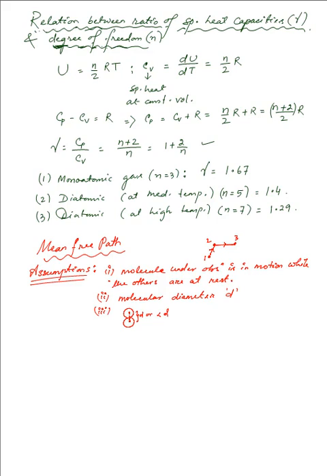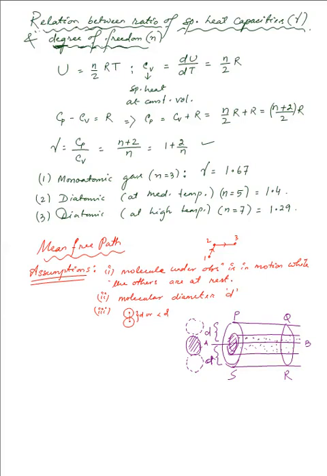That we can afford, because this is an elastic collision that we are considering in kinetic theory. So it should be d, or a bit less than d, not very much less than d. These are the assumptions that we take into consideration, and we obtain the expression as follows.